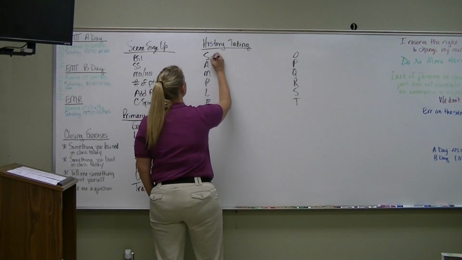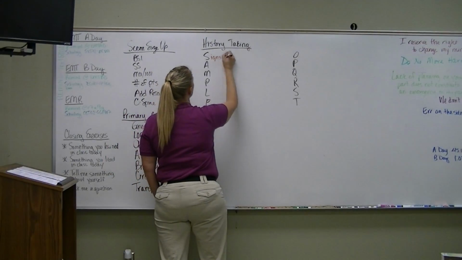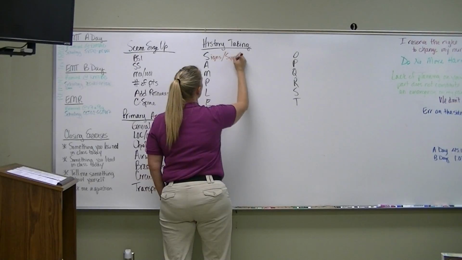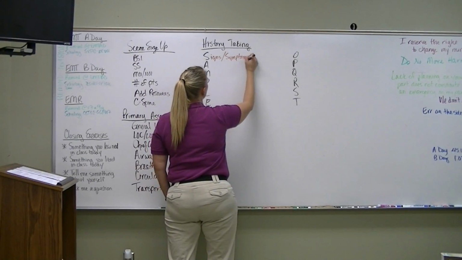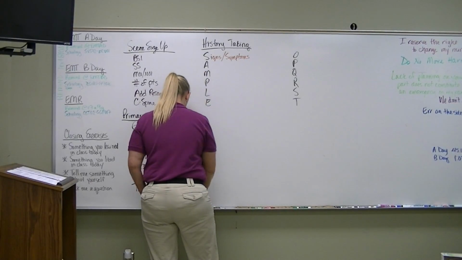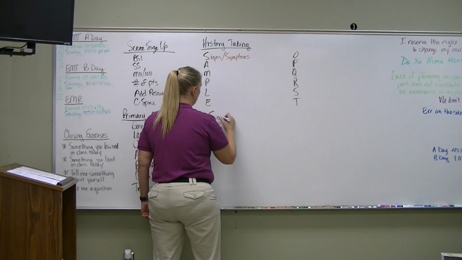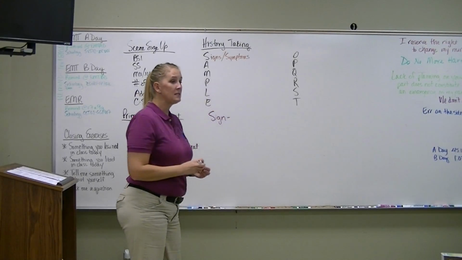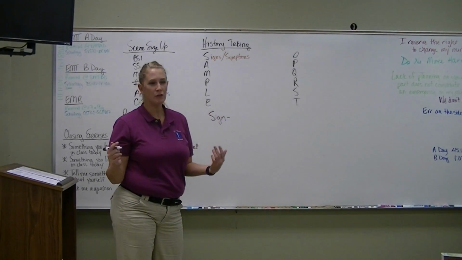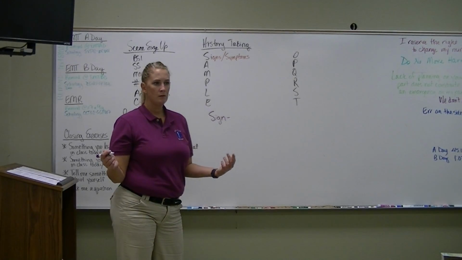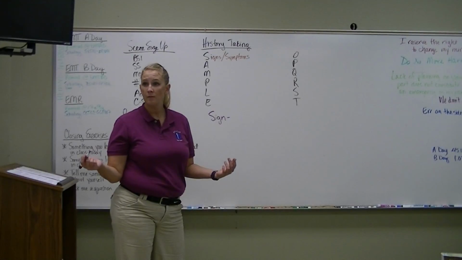Let's talk about signs and symptoms for a minute. What's the difference between a sign and a symptom? What is a sign? Something you can see or something you can measure. Can you see blood pressure? No, but you can measure it, right?